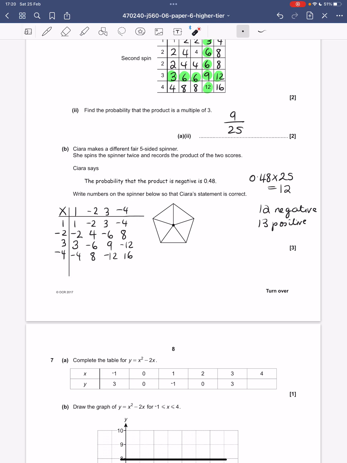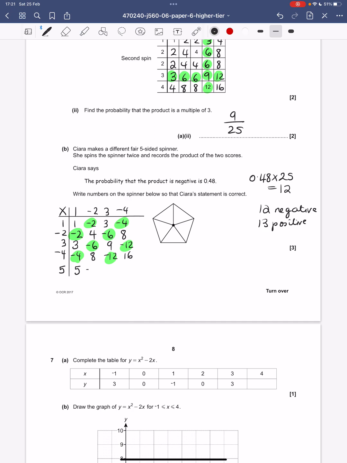We need it to be slanted more towards the negatives. So 50-50, we want 12 negatives. We've got 1, 2, 3, 4, 5, 6, 7, 8. So we want the next one to be, let's see what happens if we do a positive there.